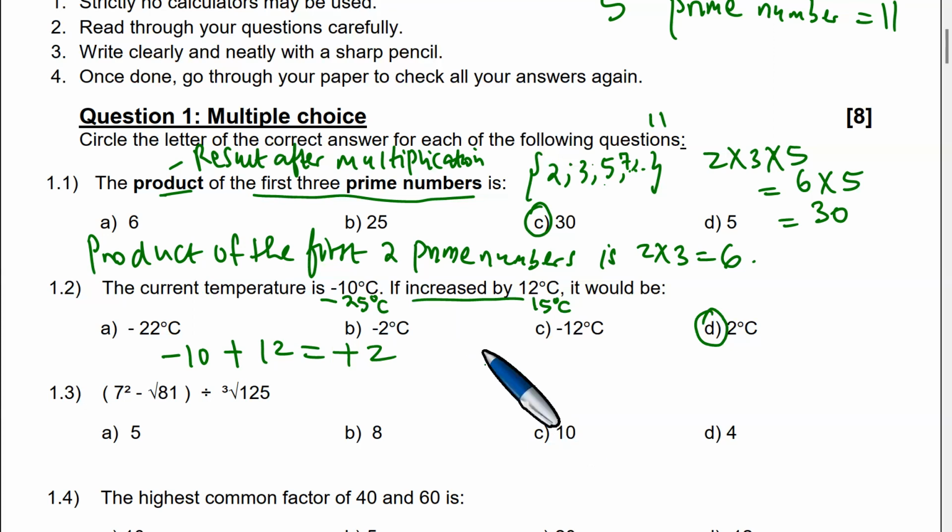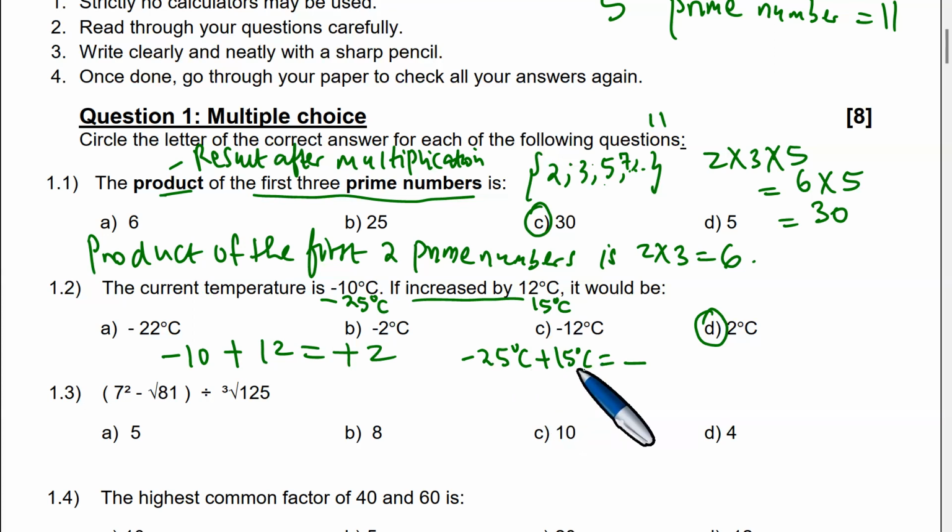How do you do it? You're going to say negative 25 is increased by 15. Which number is bigger? 25. Is 25 negative or positive? Negative. So the answer will be negative. The answer takes the sign of the bigger number.